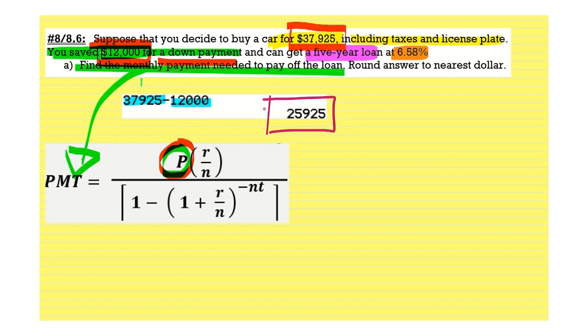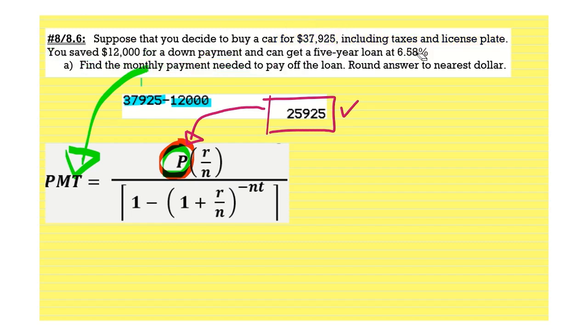So that is going to be my principal loan amount. It's not going to be the 37. I do not have to borrow the entire amount. I only have to borrow 25,925.